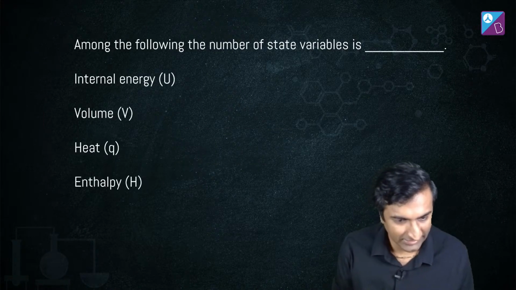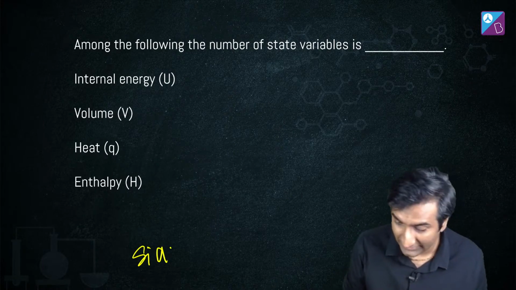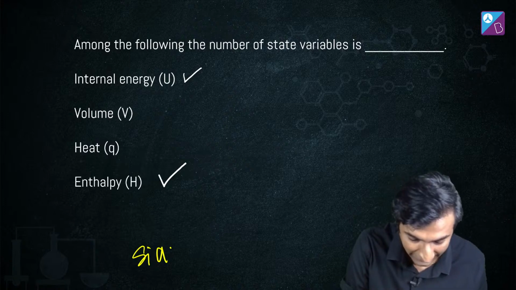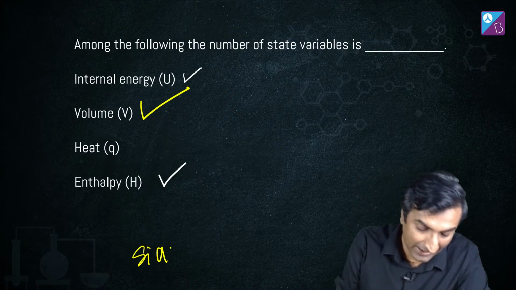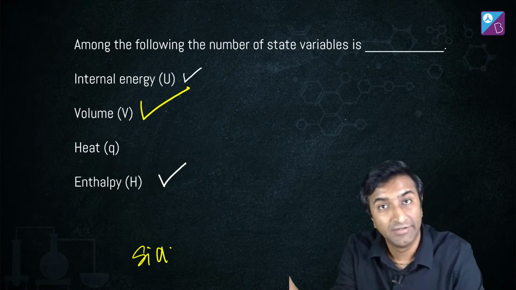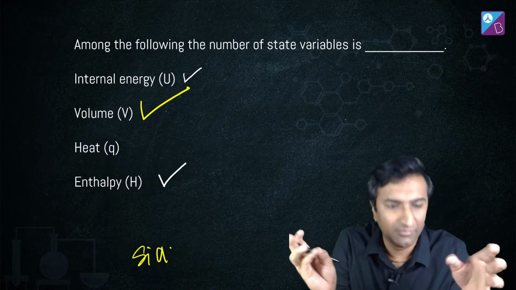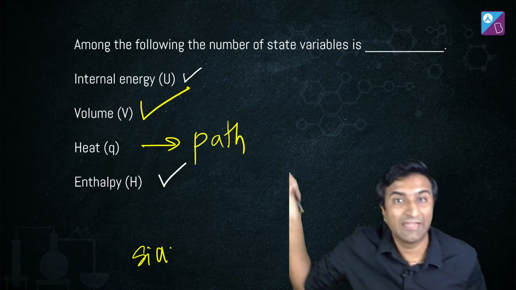Yes, Sia, absolutely right. Ganesh ji, do you see why it is 3? Your friends here are absolutely right. It's internal energy, volume, and enthalpy that are state functions, and heat is not a state function. Heat is a path function, right? And by the way, to understand why heat is a path function, go back to the start of my session.